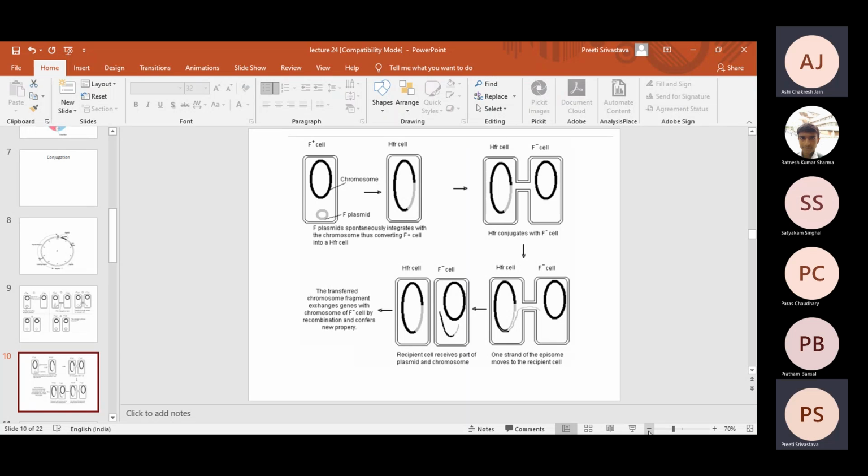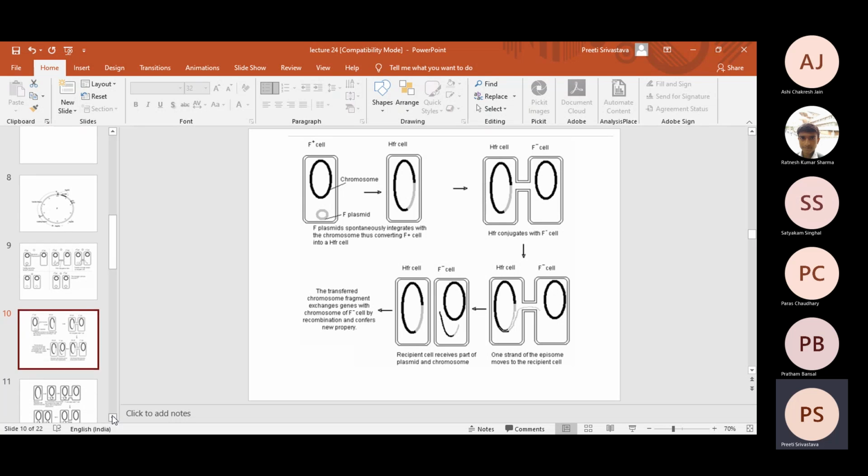The chromosomal DNA along with some part of the F plasmid gets transferred to the F minus cell, and with homologous recombination occurring here, the new cell would have two copies of the chromosomal part and some part of the F plasmid. Okay.